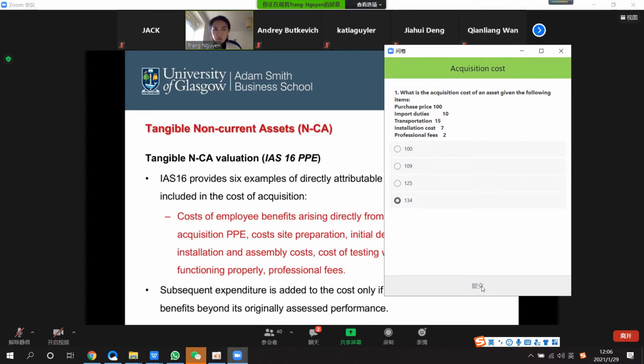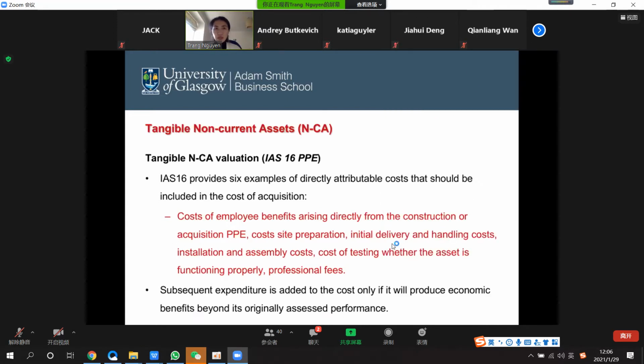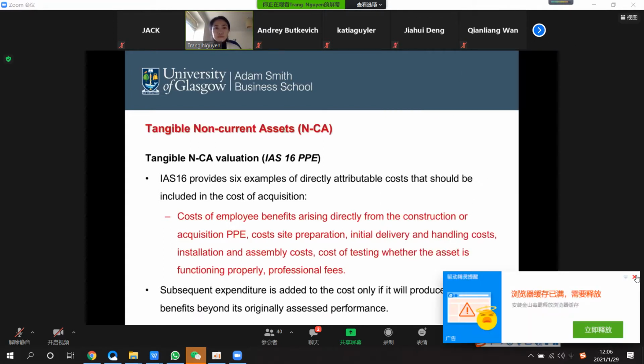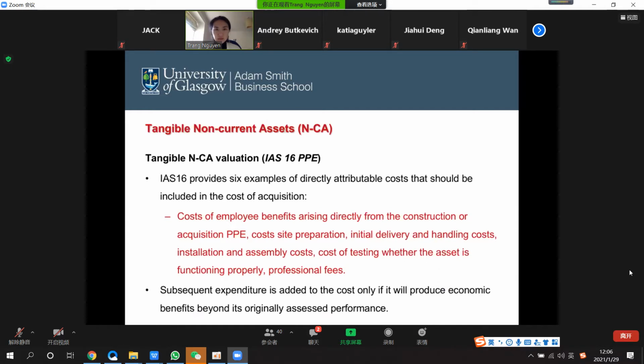Whether we include import duties, transportation, installation costs, and professional fees. So which one? It's 1 minute and 13 seconds already. This question is at the moderate level for your MCQ exam.